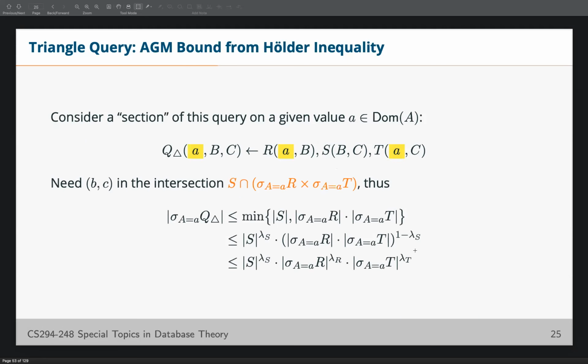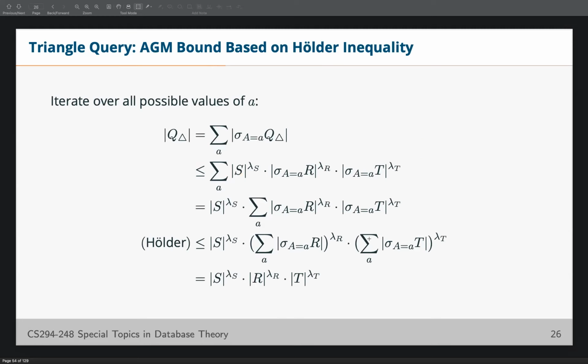So we just use this fact to distribute this lambda into the right places. And finally, we just apply Holder.